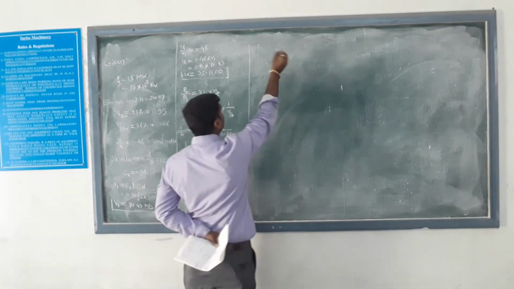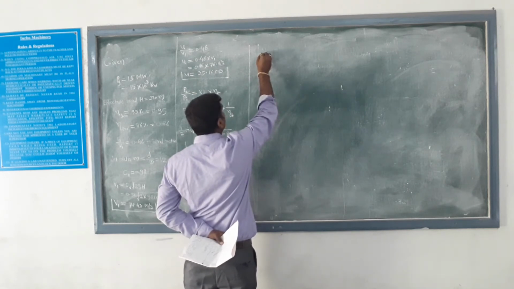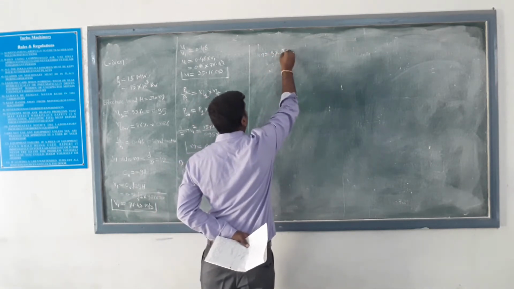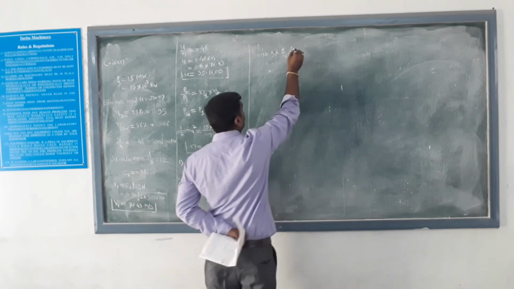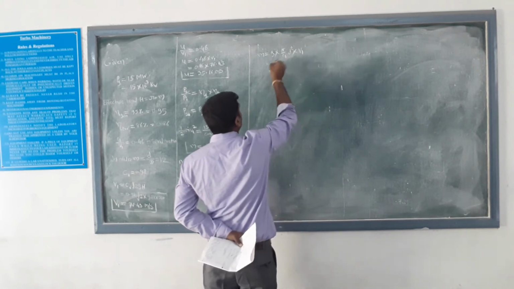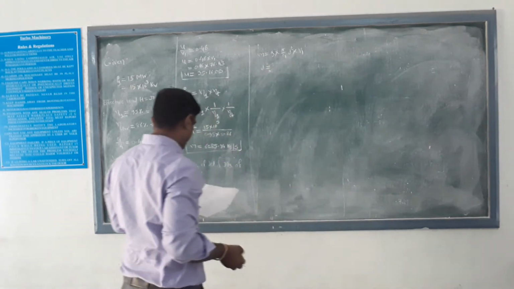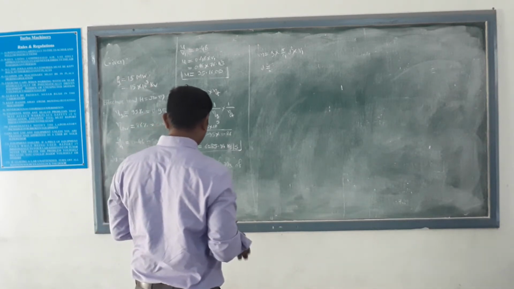Find out area from mass flow rate equal to rho into pi by 4 d square into V1. So from this find out d. Put the values and find out d.